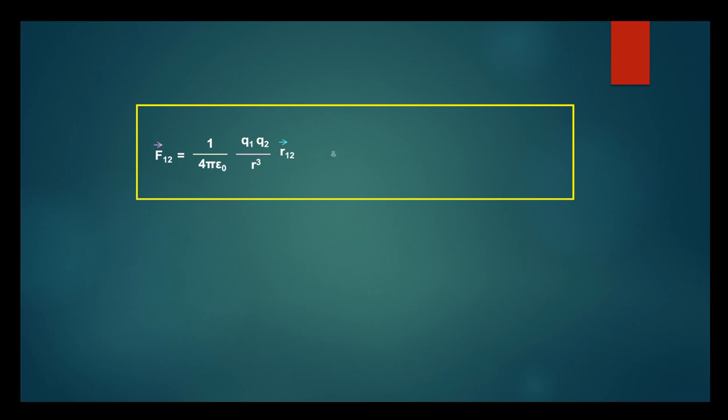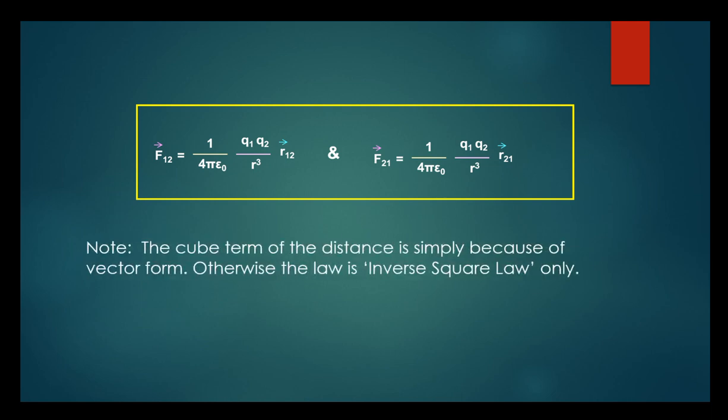If we write F12 in proper vector form instead of unit vector form, we will have yet another R in the denominator, and hence we will have 1 by 4 pi epsilon naught Q1 Q2 by R cube into the R12 vector or R21 vector according to the direction of F12 and F21.